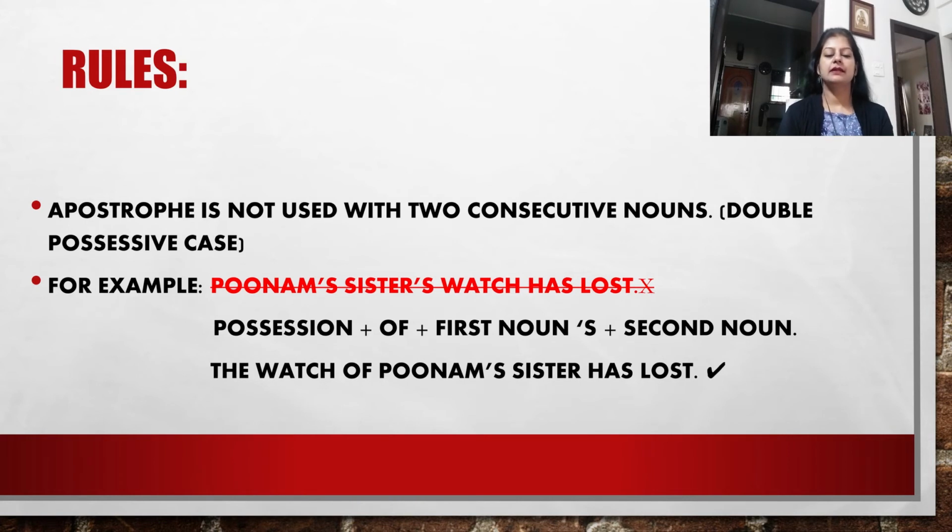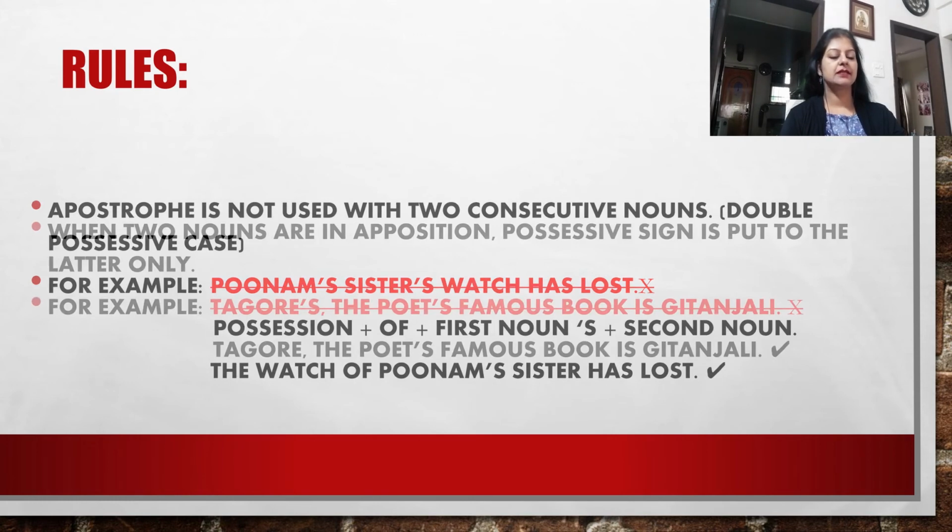In this case, the correct sentence structure is, first we will show the thing which belongs, here in this case it is watch. Then we will add the preposition of, then the first noun, and in the first noun we will show the possession, plus the second noun. This is the sentence structure. The correct sentence is, the watch of Poonam's sister has been lost.